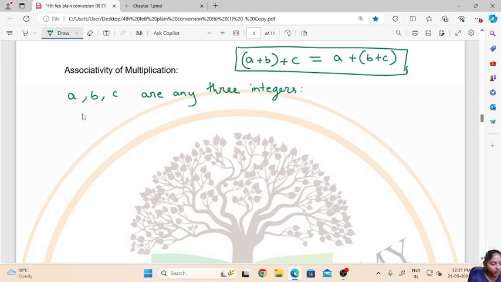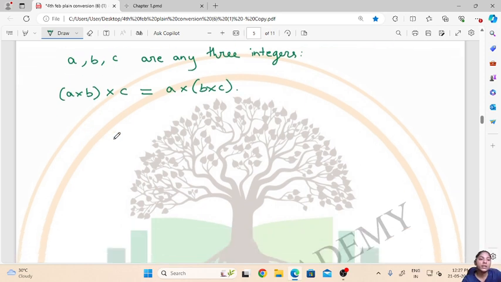then for this property we have to check if (a × b) × c is equal to a × (b × c). Okay, so this is what we have to check. For this, first we will need 3 integers a, b and c.